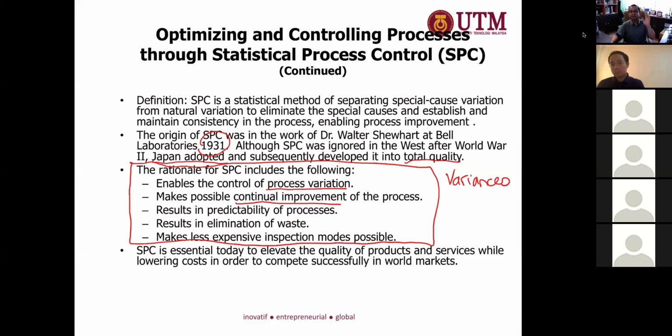So 1,000 units have to be rejected. So you imagine how much the loss to the company. Or maybe you say, okay, no problem, we can do WIP, work in progress, we repair it. That's also a cost, because you have to spend your workforce on repair, which is unnecessary if you have improved the quality.